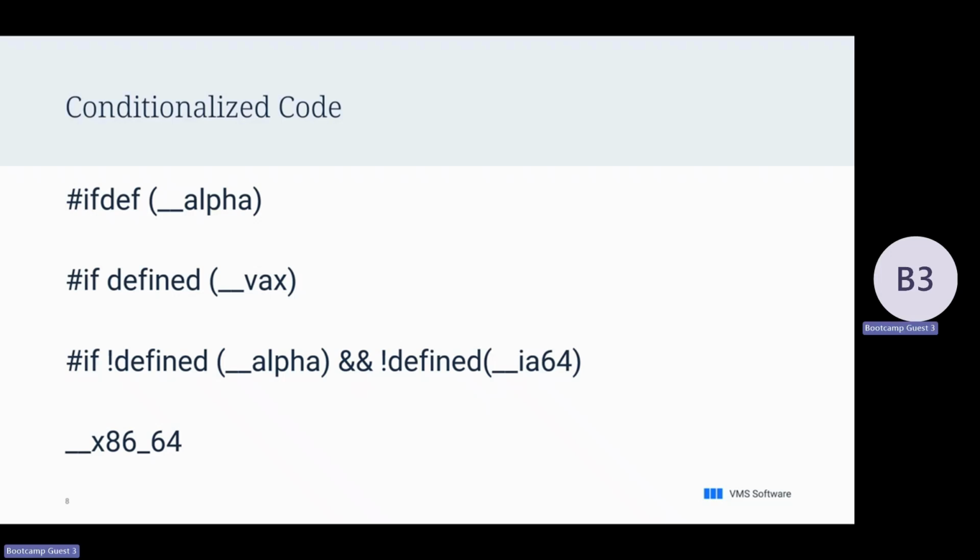We have defined __x86_64. That's the symbol that's defined if you're compiling for x86. Of course, we have the same thing in Bliss and in Macro, not using this syntax, obviously, but you can do this in any type of code. I've just stuck with C for this one.